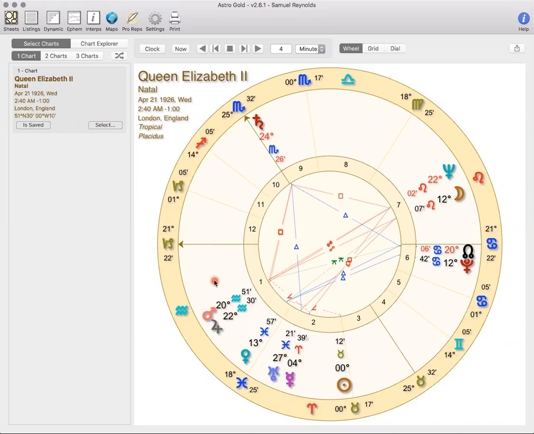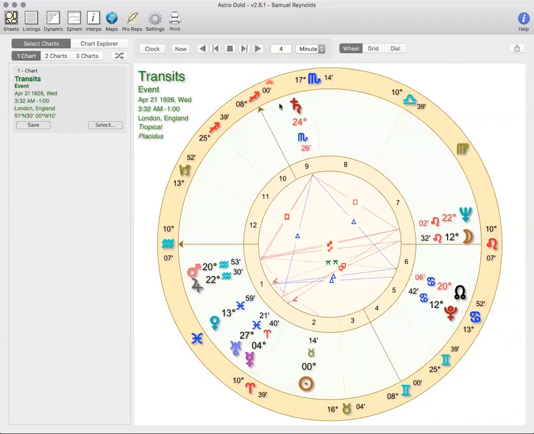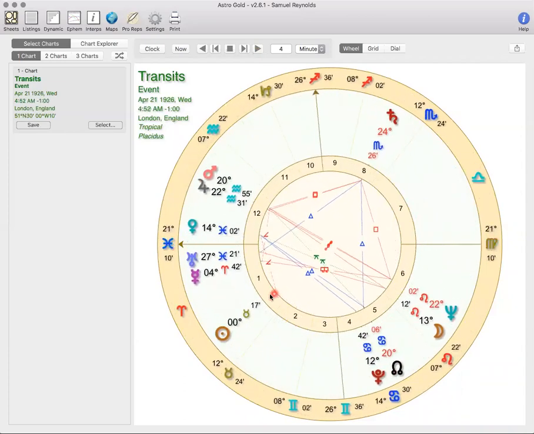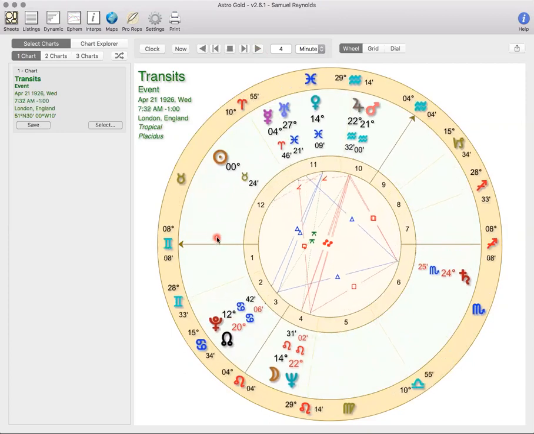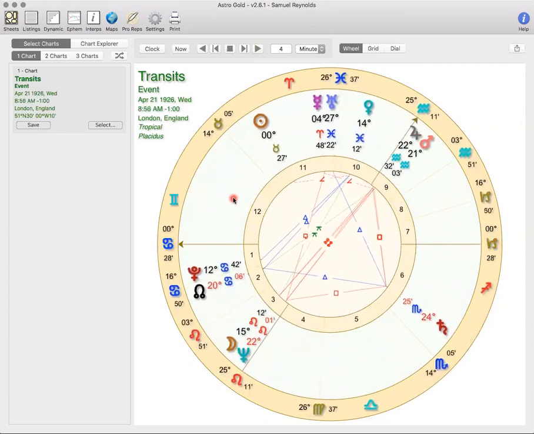Now, what do I mean by a snapshot? What are we really looking at? Well, I set an interval of 4 minutes to give you this sense of motion. So this is how the planets are moving at 4-minute intervals after she was born.